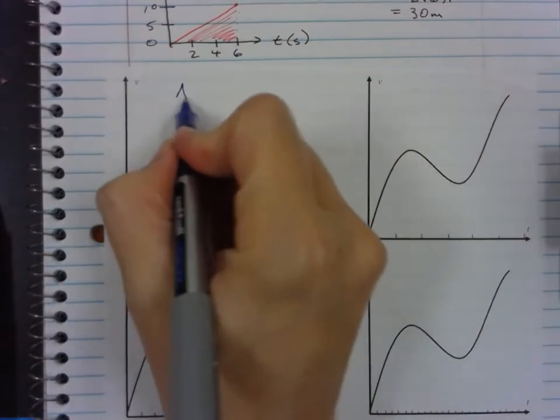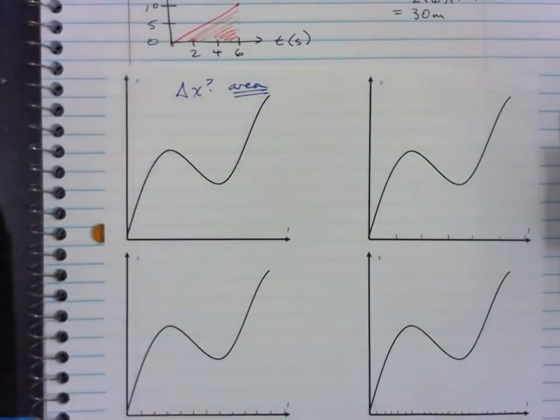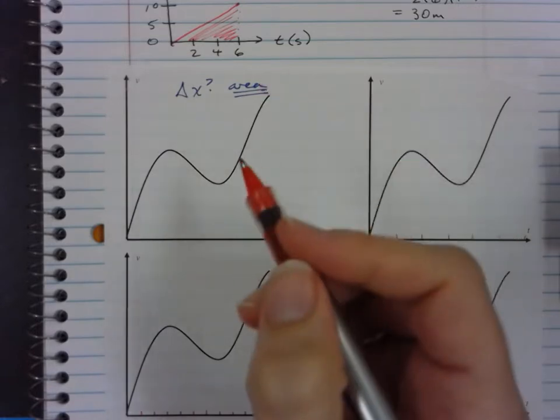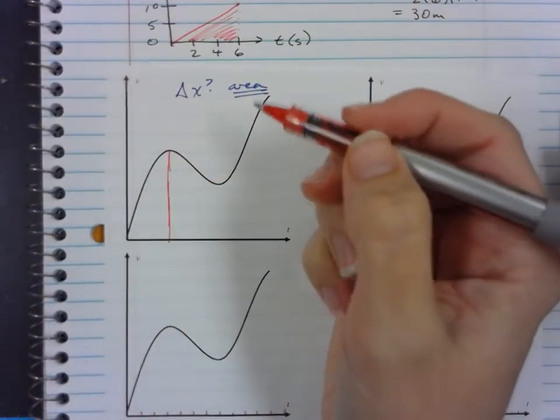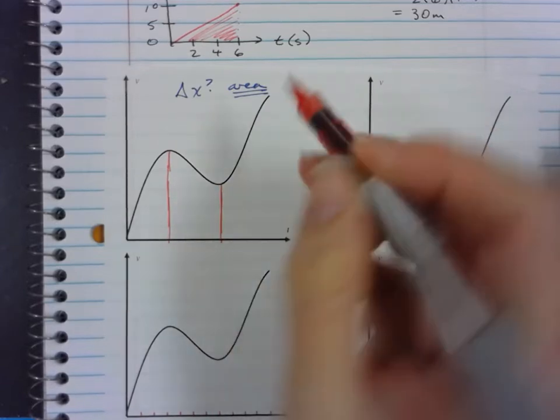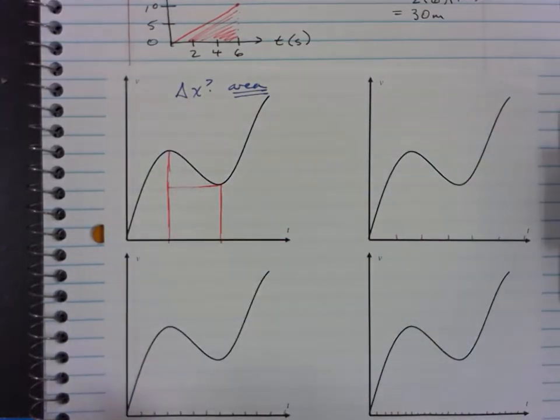So if we want to know the displacement, we've got to do area. Well, how do you do this area thing? Let's just go with the total and forget the different sections. I was speeding up to here, so that's pretty much a triangle. And then when I slow down here, it's close to a triangle on top of a rectangle.